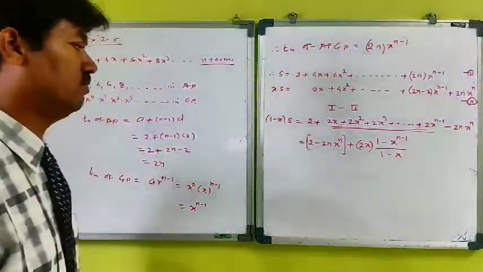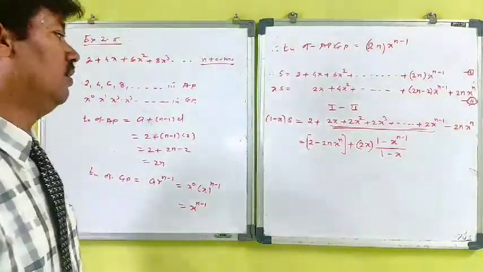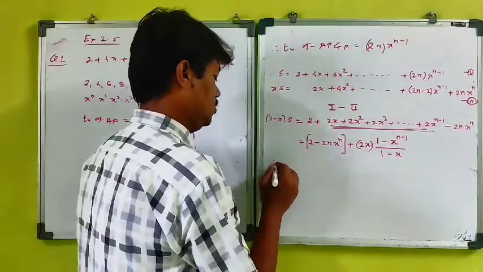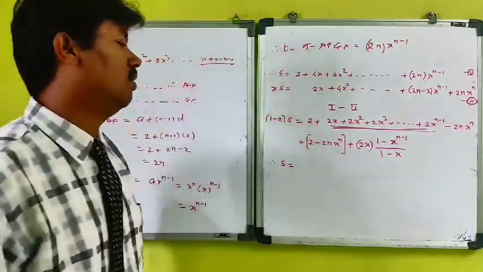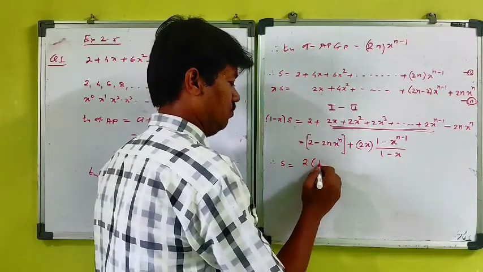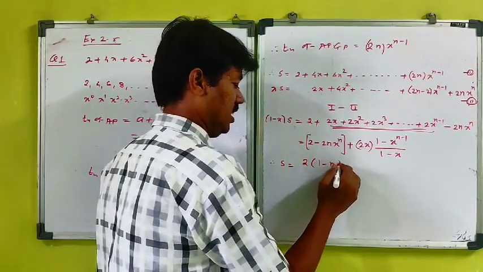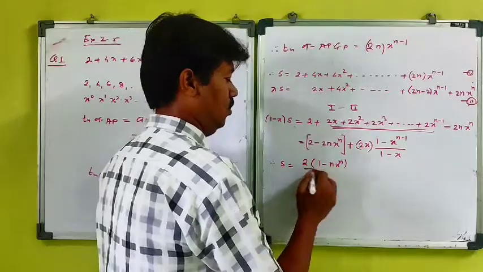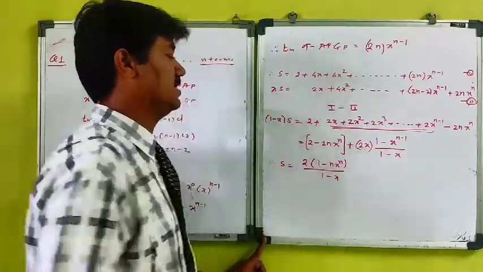So what is the answer for this? If s is equal to, because 2 is taken common, it is 1 minus n x^n upon 1 minus x.